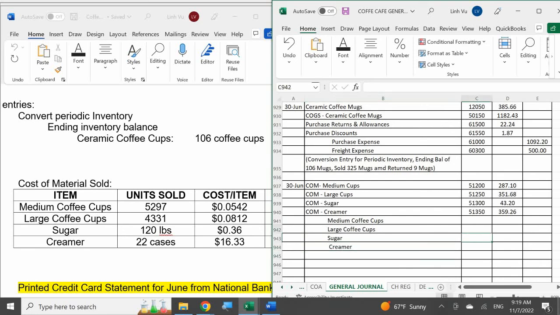Okay? So these should all be 11,760, 11,765, 11,770, and 11,775, for those exact amounts. So for this one, I'm going to be taking out 287 for the medium, 351 out of my large cups, 43 out of my sugar, and 359.26. So once again, this is going to be cost of materials.